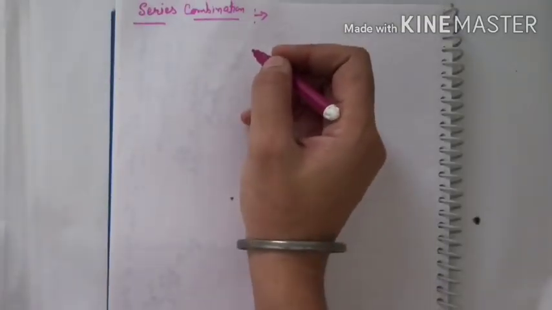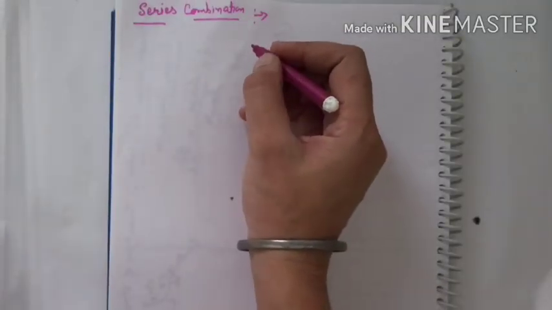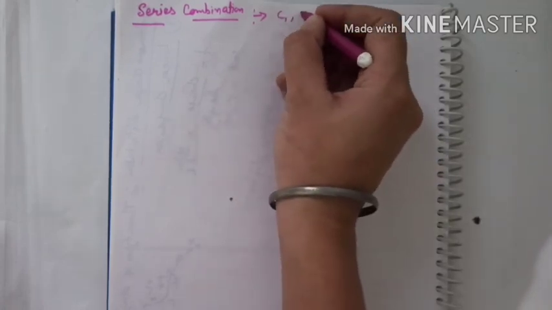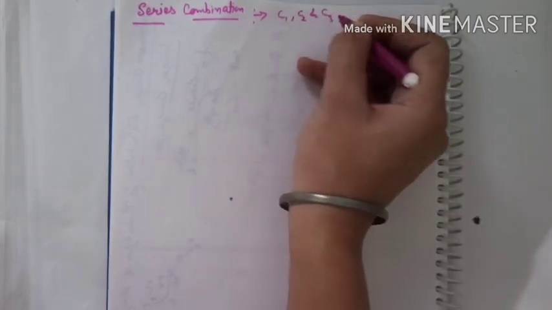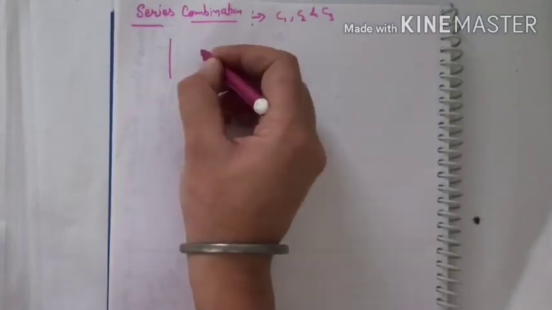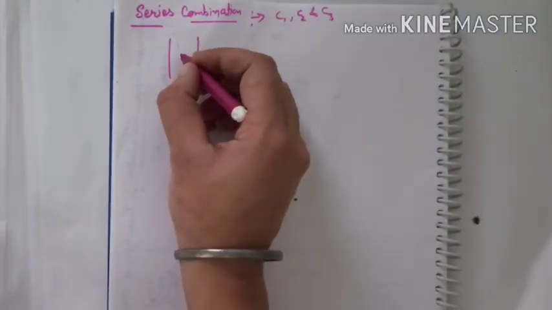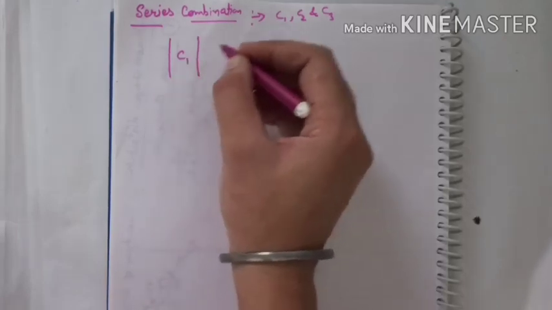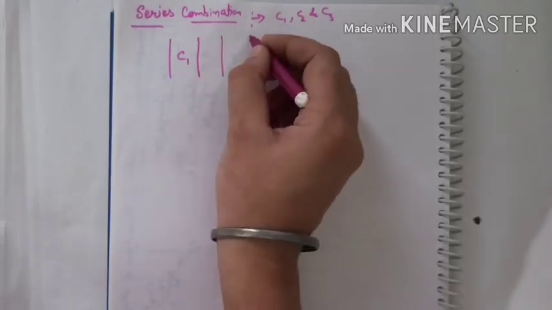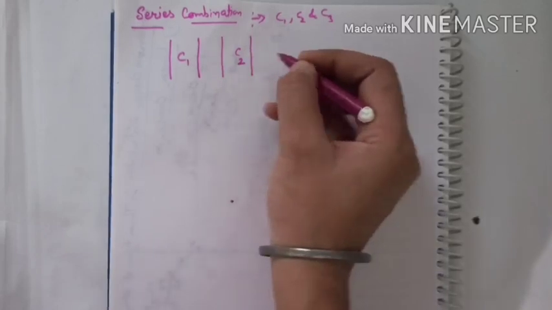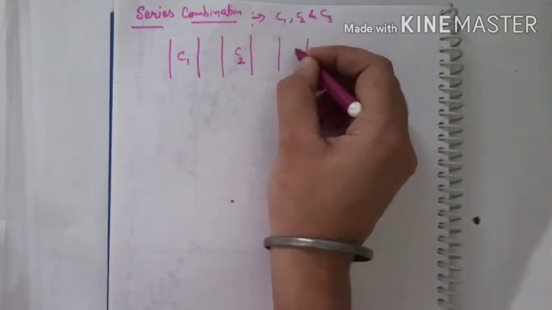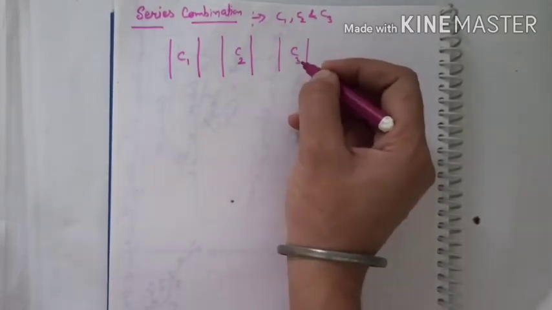For series combination, consider three capacitors C1, C2 and C3. This is the first capacitor C1. This is the second capacitor C2. This is the third capacitor C3.